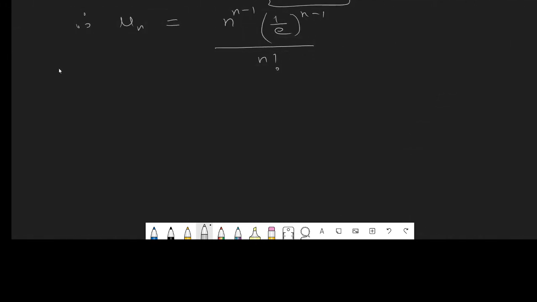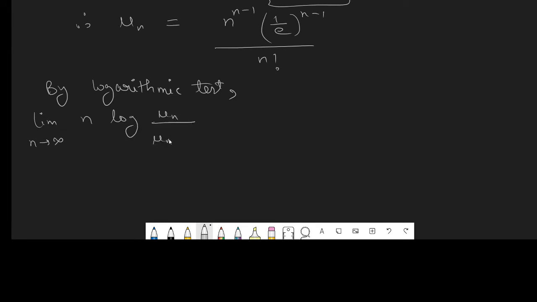So by logarithmic test, we will do limit n tends to infinity of log un divided by un plus 1. Okay, so limit n tends to infinity of log, what is our un.